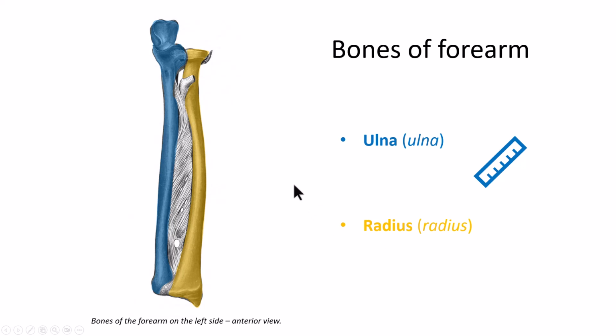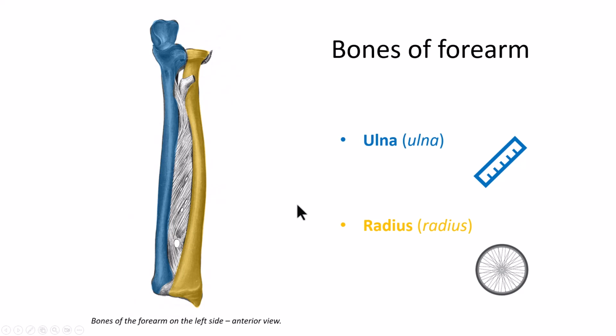Radius, on the other hand, in Latin meant a ray of a circle or a spoke of a wheel, which referred to the movements performed by this bone as it rotates around the ulnar bone during pronation and supination. We'll talk about this later in this recording.